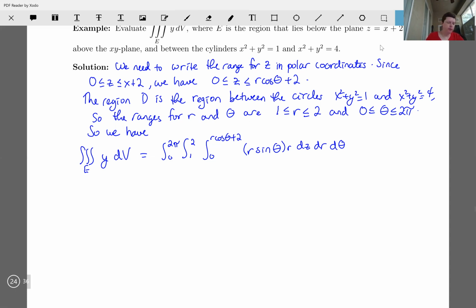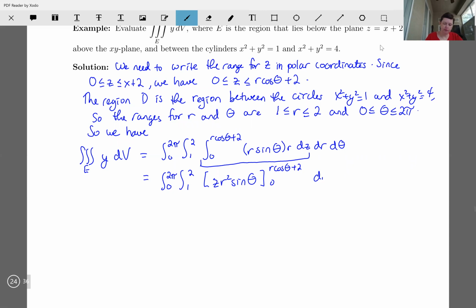Okay, so here goes nothing. We are first going to integrate the inside. So r and theta are both constants. So I'm looking at the integral from 0 to 2 pi, the integral from 1 to 2, of z r squared sine theta, evaluated at those limits for z.